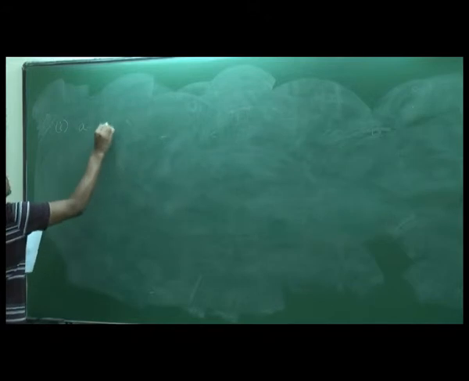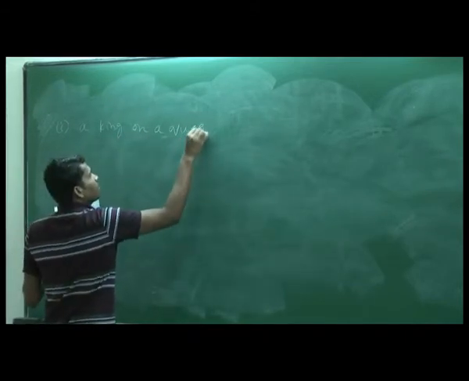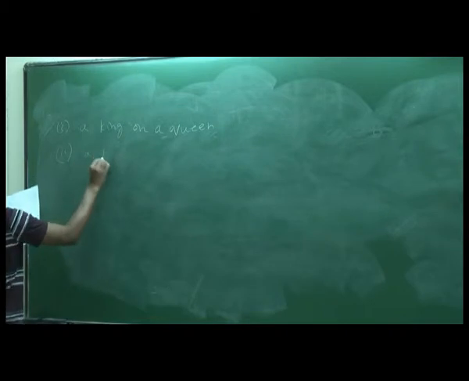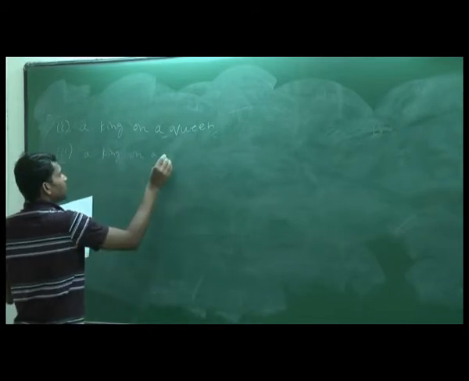So we'll do one example. Apply this rule, with the same card things. First, a king or a queen we have to choose from a standard deck. Second, a king or a jack.